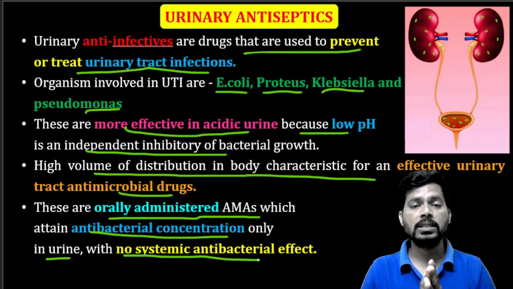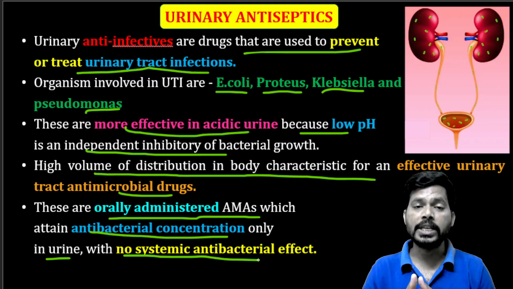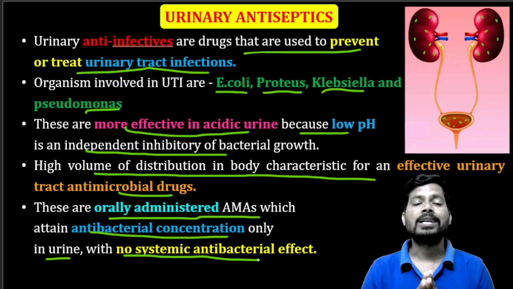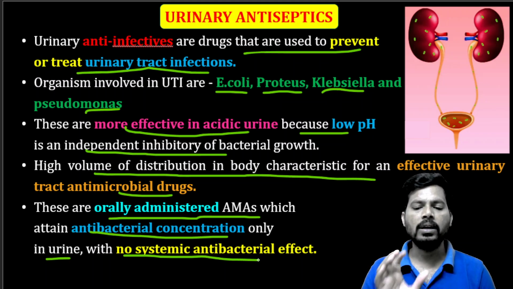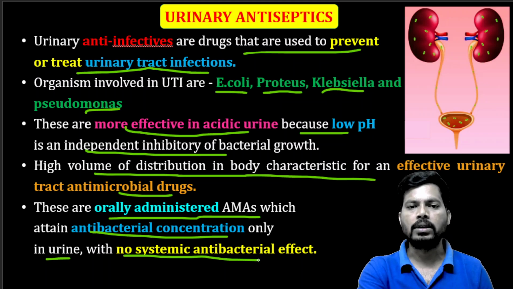They attain concentration quickly in the urinary tract and help in the treatment of urinary tract infection, but do not enter into the blood. So there is no systemic effect, no effect on the blood as well as other body organs.